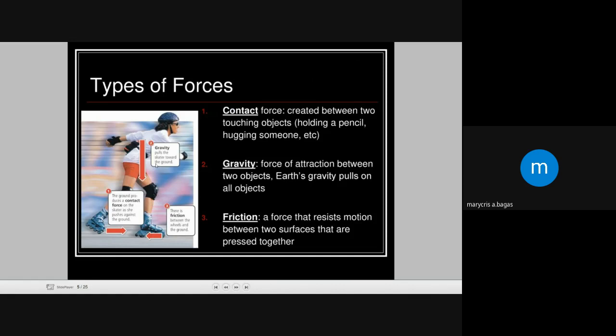Everything has gravity on Earth. Number three, there is friction between the wheels and the ground.